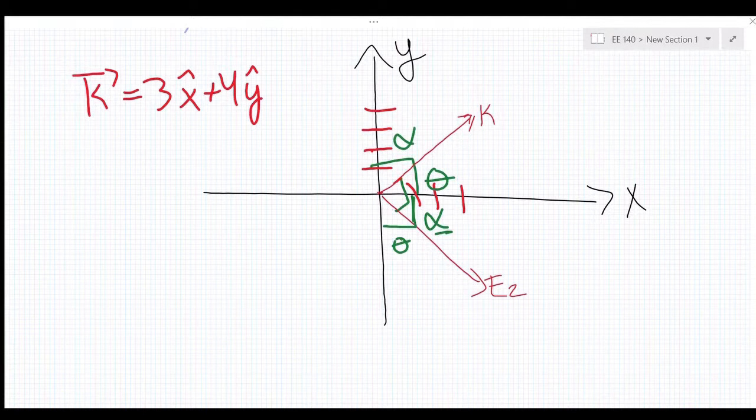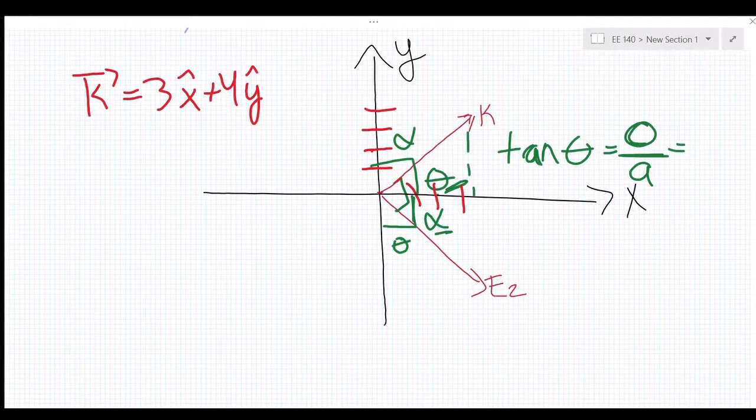To get the angle theta, tangent theta is equal to opposite over adjacent. Our adjacent equals 3, while our opposite is equal to 4, so this would be 4 over 3.